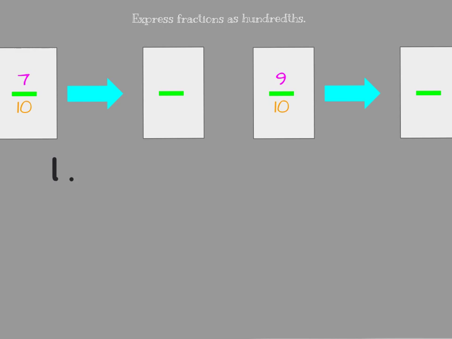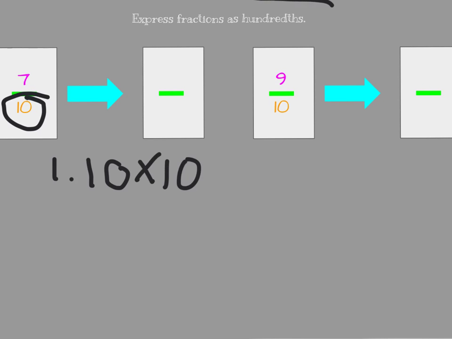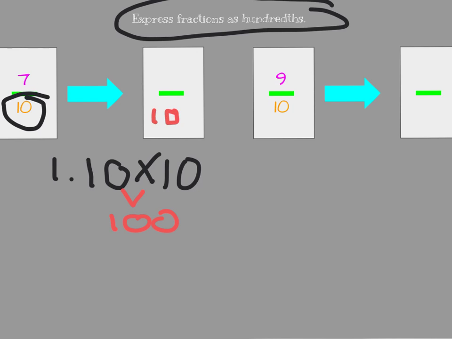We're going to multiply our denominator 10 by 10 because the instructions say that we're going to express the fraction as hundredths so that we can get 100. So 10 times 10, that's 100. So we can go ahead and slip that in to our denominator space right here.